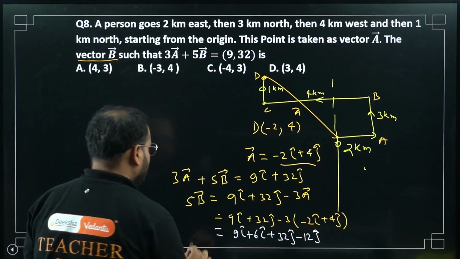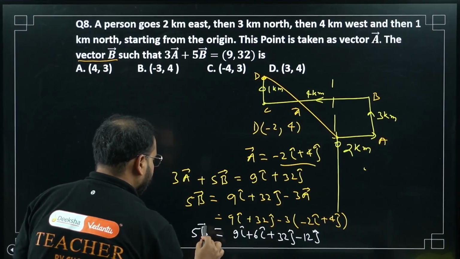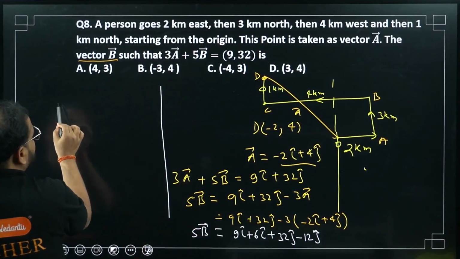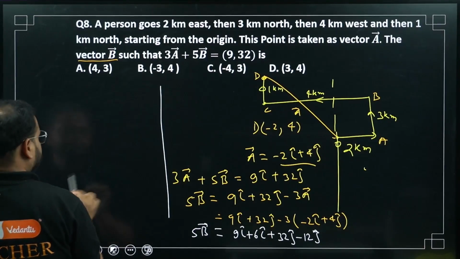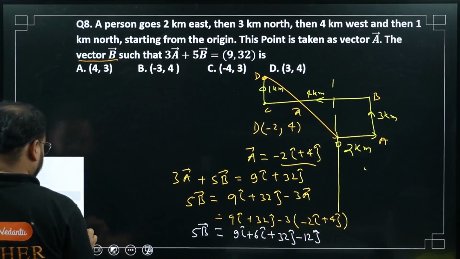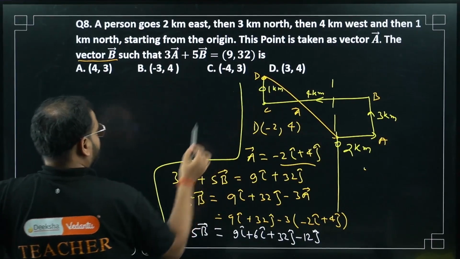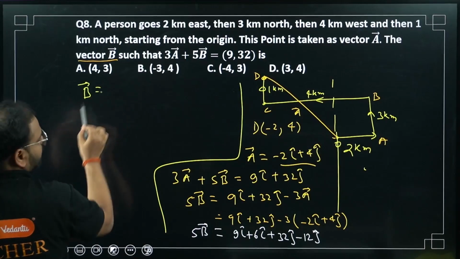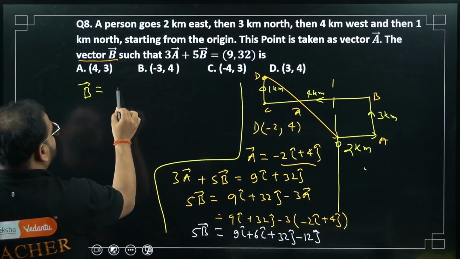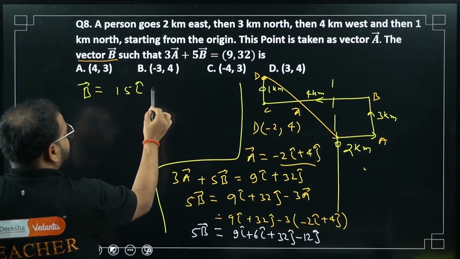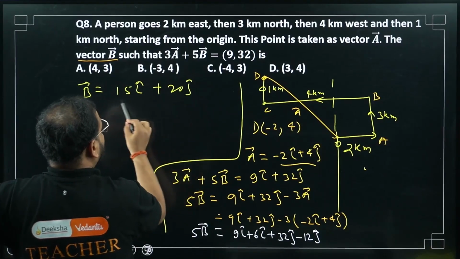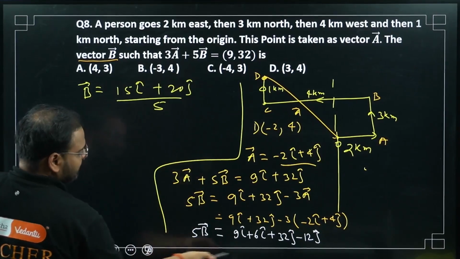This is 5b vector. I want to find vector b. So vector b will be given by: please have a look, 9 plus 6, 15i cap plus 32 minus 12, 20j cap, divided by 5, because 5 I can take on the other side.